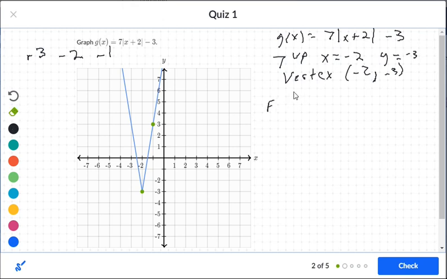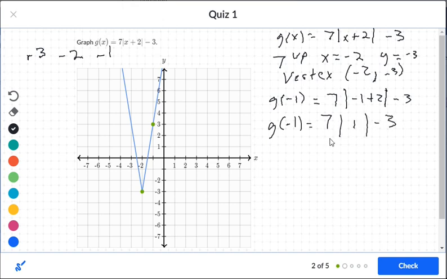Our function is actually called g of x. I don't want to call it f. I want to keep the same name there. So g of negative 1 is equal to 7 times the absolute value of negative 1 plus 2, minus 3. So we have 7 times the absolute value of 1, minus 3. The absolute value of 1 is a positive 1.